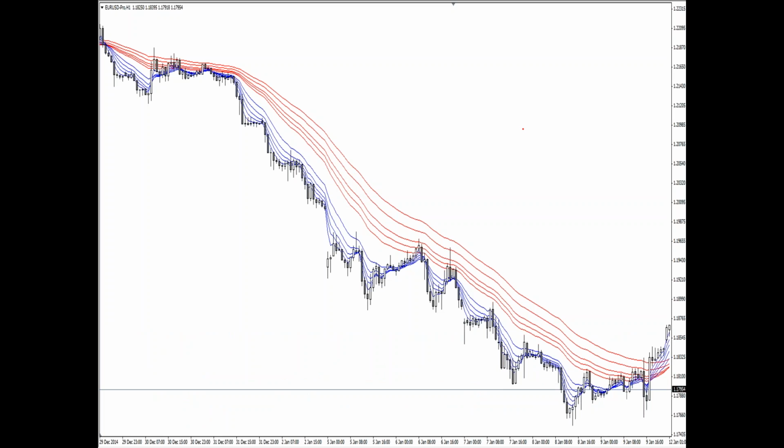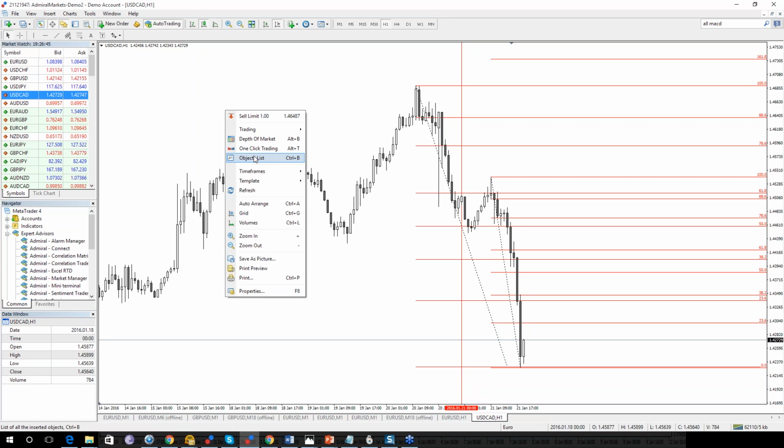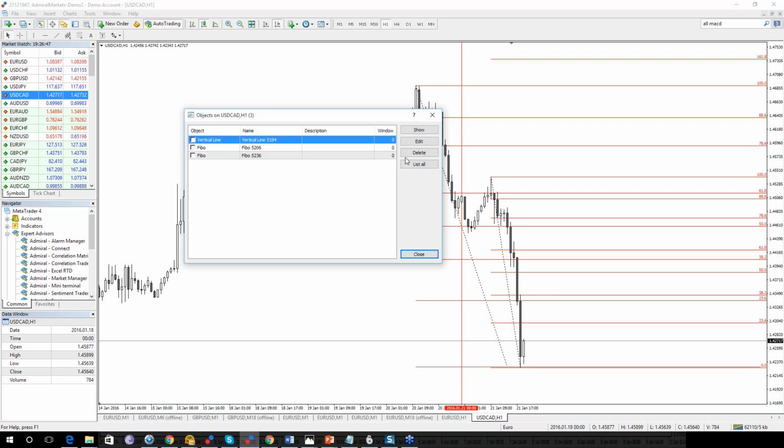So this is Gappy moving average, and you see a combination, okay? This is a combination of Gappy. How do we put it on our charts? I will show you a tutorial step by step. Okay. Let's clear this chart.